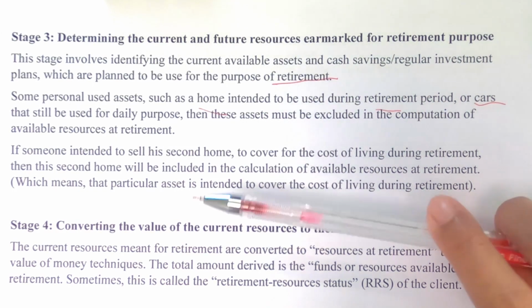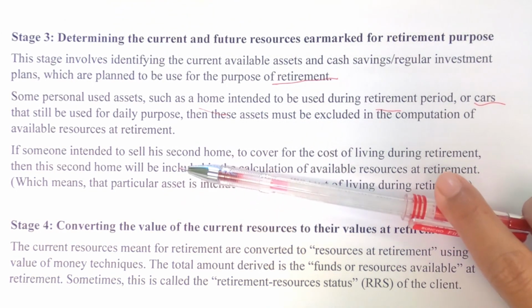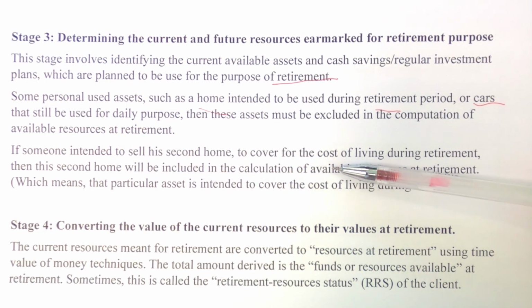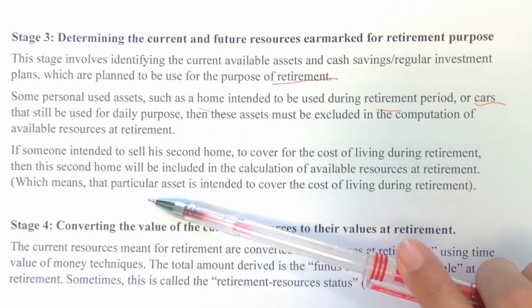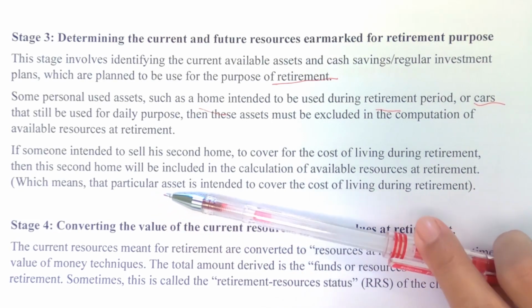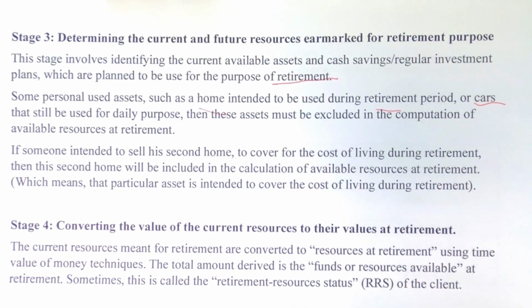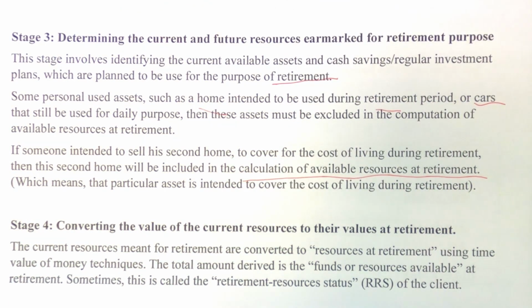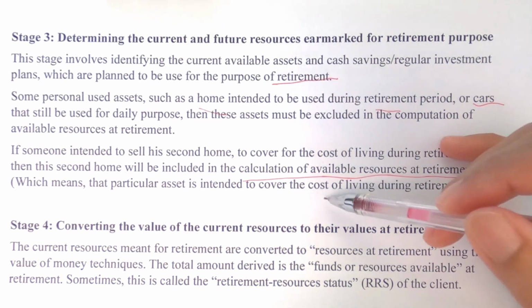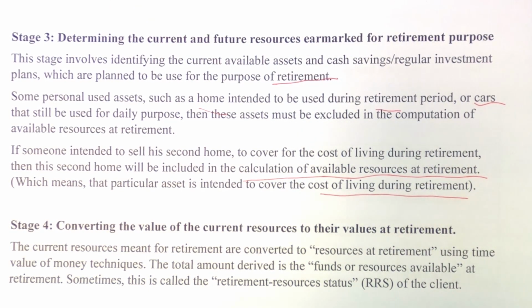Let's say your client intended to sell his second home to cover for the cost of living during retirement. Therefore, this second home will be included in the calculation of available resources at the retirement. So, which means this particular asset is intended to cover the cost of living during retirement.